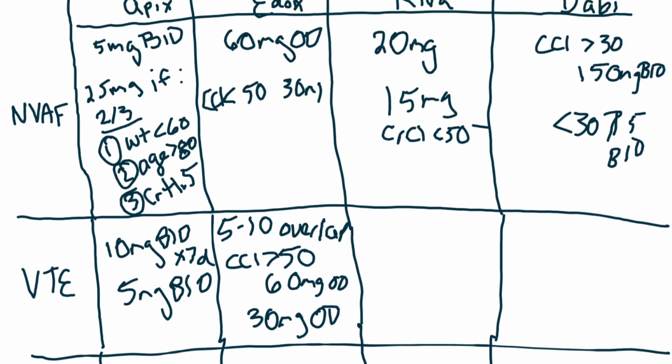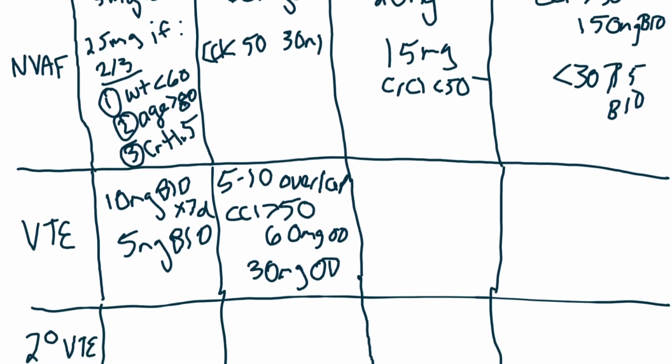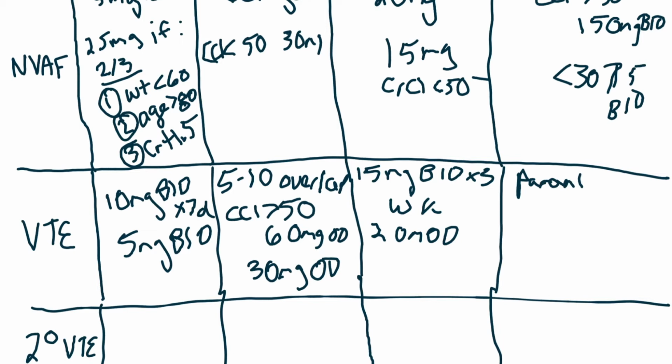So that's for edoxaban. For rivaroxaban, dosing is 15 milligrams BID for the first 3 weeks. And then thereafter, you can do 20 milligrams once daily. And then finally, for dabigatran, you do need to use parenteral anticoagulation for an overlap.